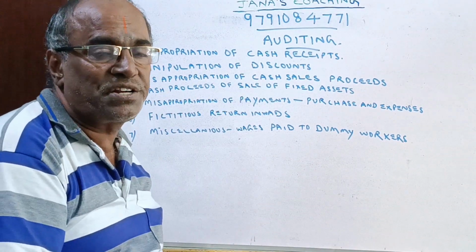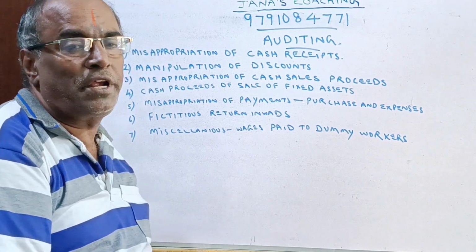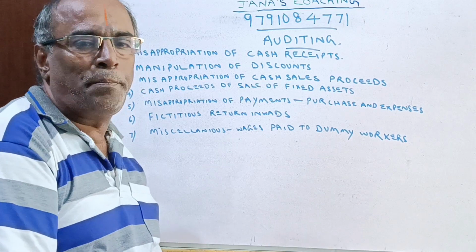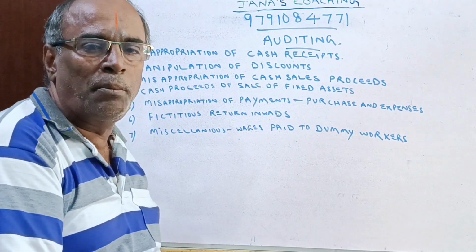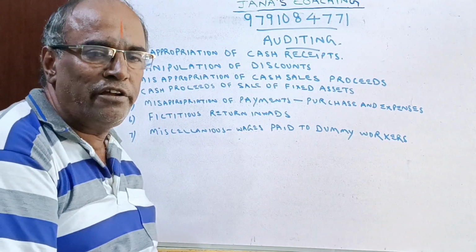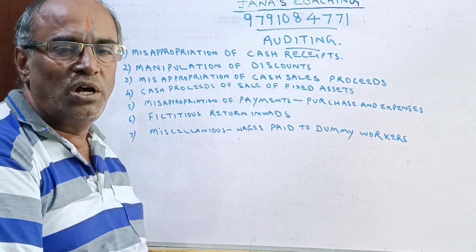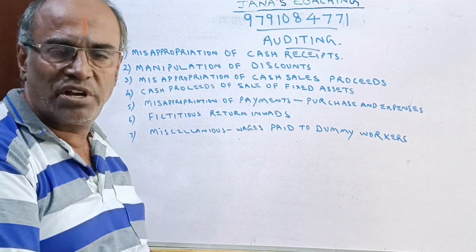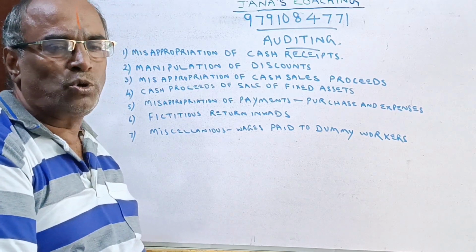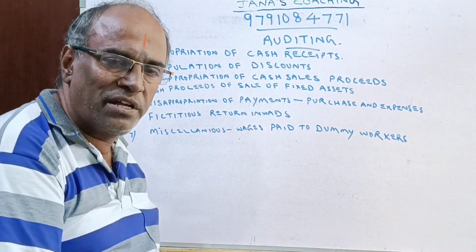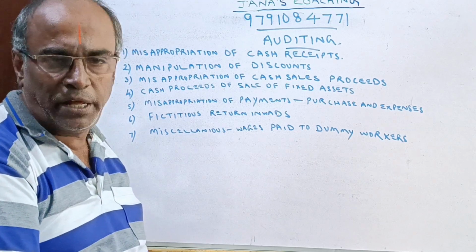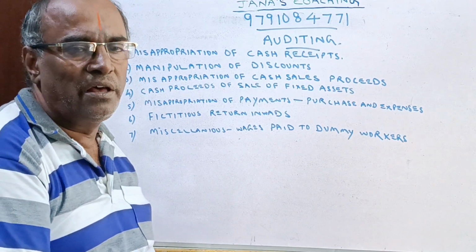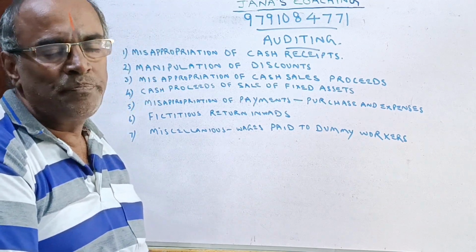Misappropriation of cash receipts. Misappropriation of cash receipts means, for example, if a person is paying 25,000 rupees to the company for any nature of transactions. Say Mr. X is giving the amount to the cashier of the company.